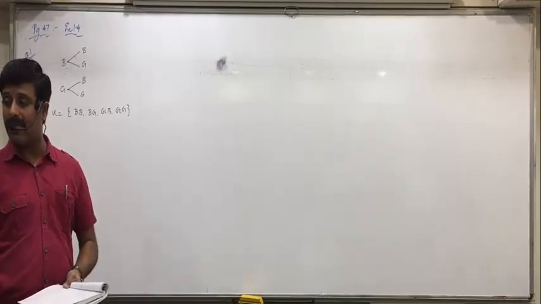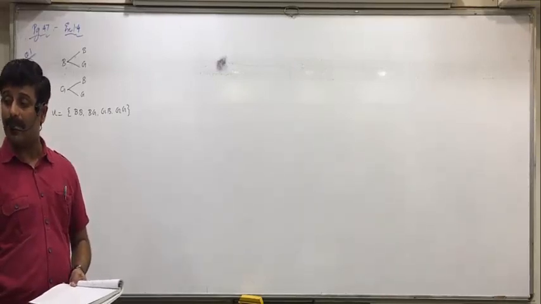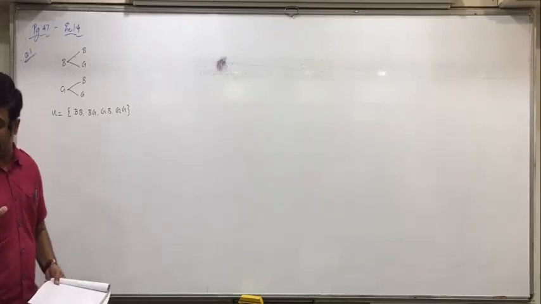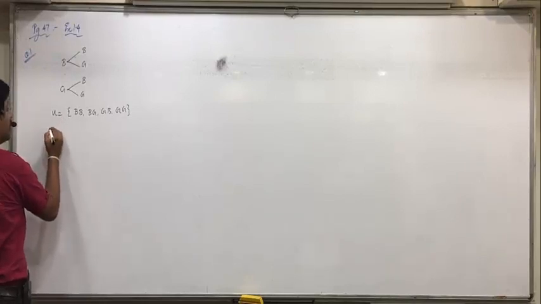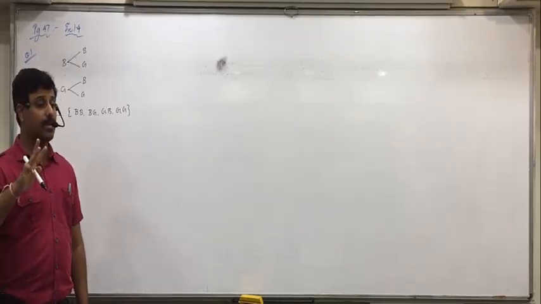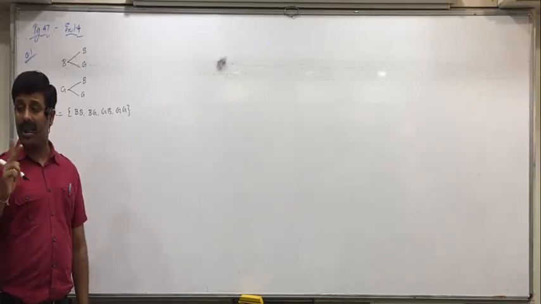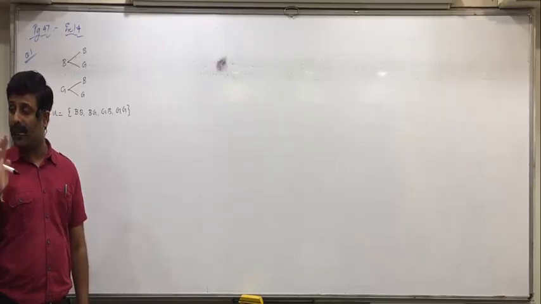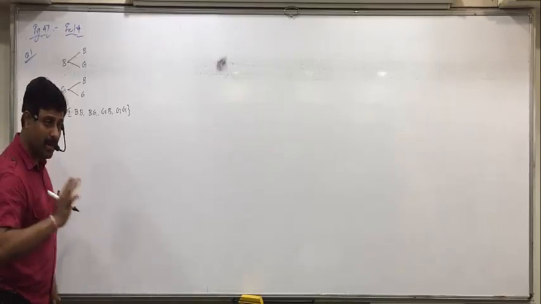So whichever probability we will find will come in the numerator and condition will come in the denominator. Got it everyone? So B slash A means conditional probability comes, so we'll find three things: A, B and A intersection B. A's probability, B's probability and A intersection B's probability.